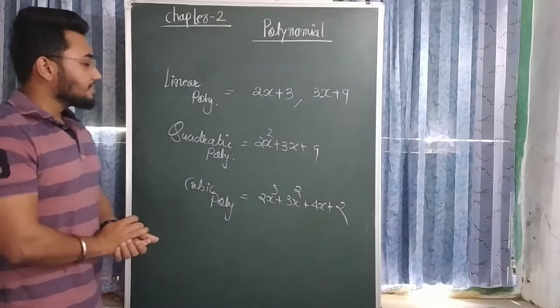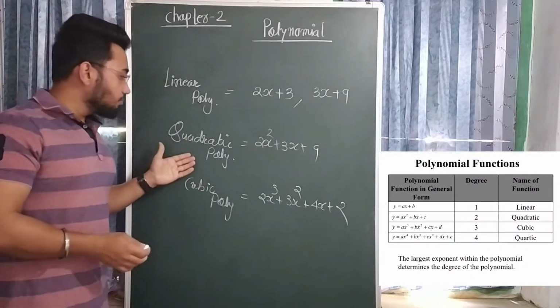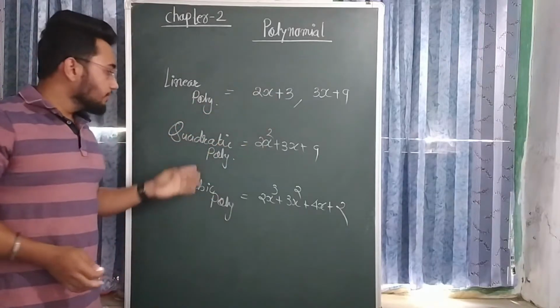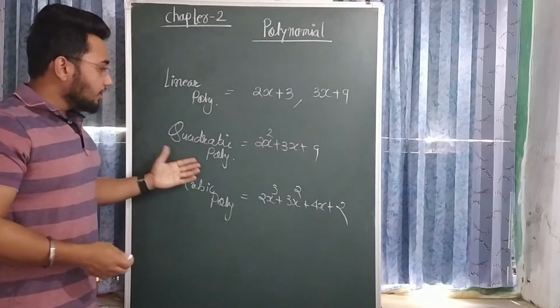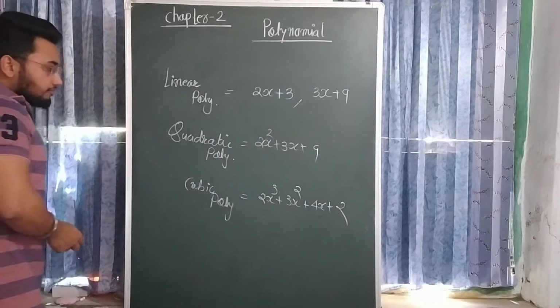So you see the exact difference between linear, quadratic and cubic polynomial. Linear means maximum power 1, degree should be 1. Quadratic degree should be 2 and cubic degree should be 3.